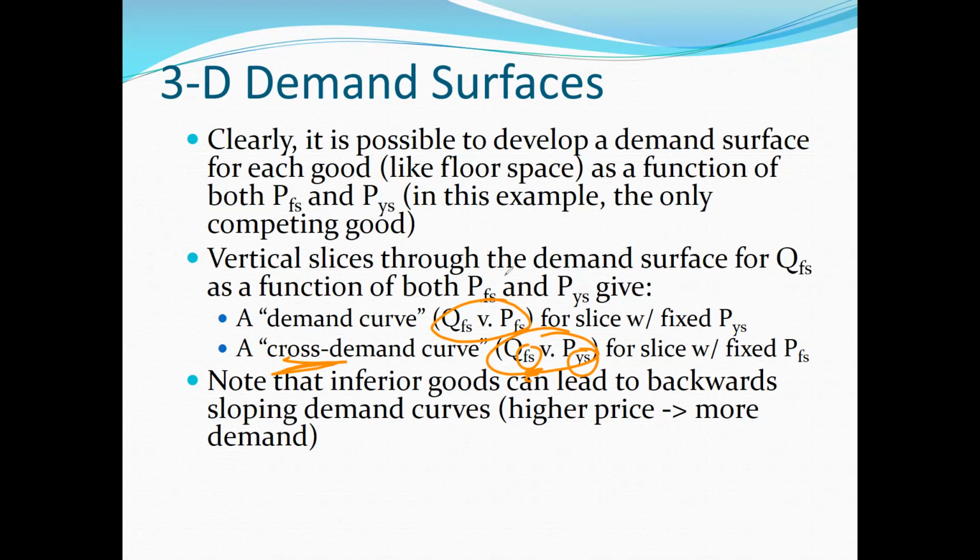Now remember the chart I showed you about the limousine, don't forget that chart. Inferior goods can lead to backward sloping demand curves, meaning higher prices, more demand. I think those are called Giffen goods. In traditional economics, they give the example of meat versus bread.